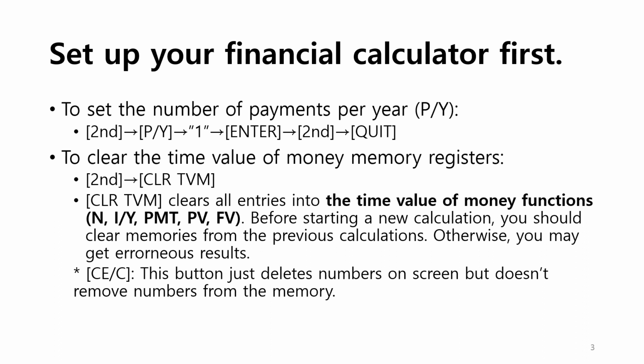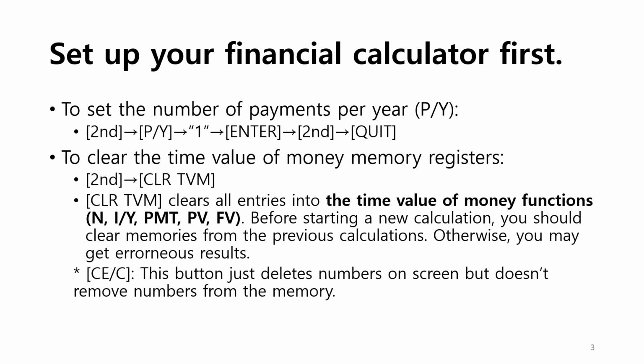Okay? How can you do that? First, press the second button, then press clear time value of money, CLR TVM. This clear TVM button clears all entries in the time value of money functions: N, I over Y, PMT, PV, and FV.